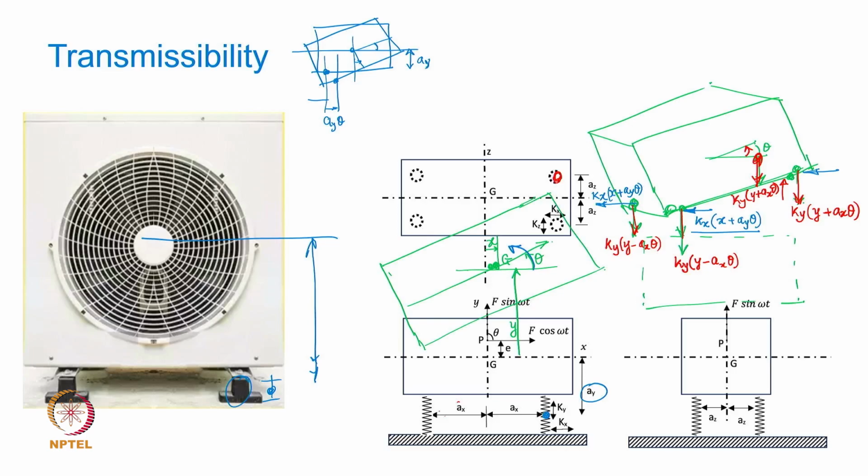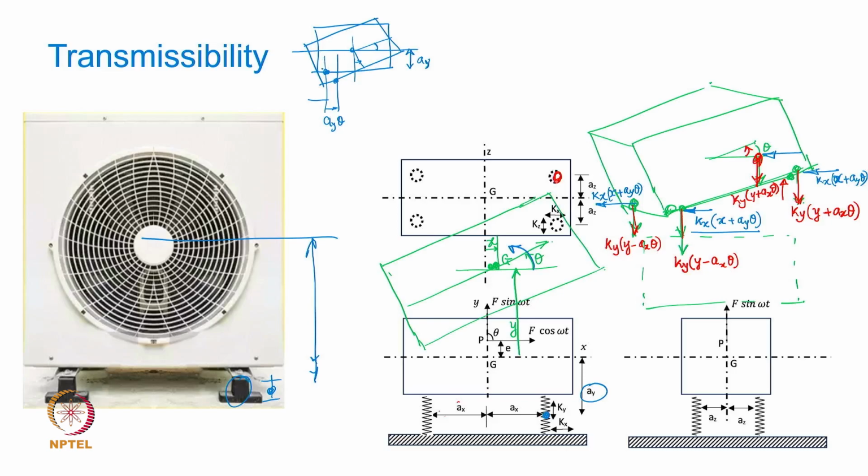Take note that it's going to be ay into theta, and no wonder the same force will apply at that corner as well. The direction will be opposite, because if the body is tilting and one point is coming inside, the same will happen on the right hand side as well.